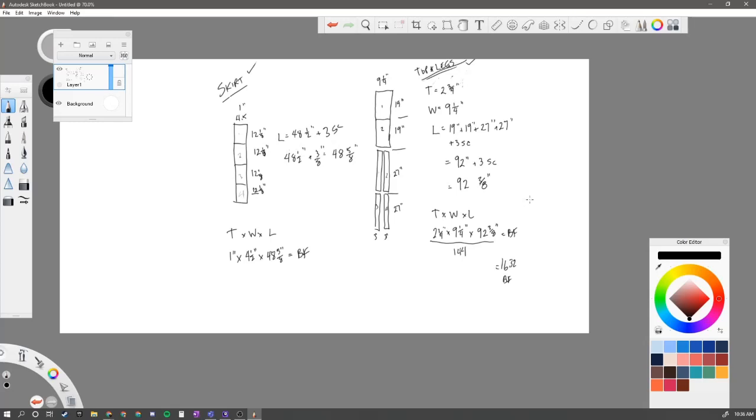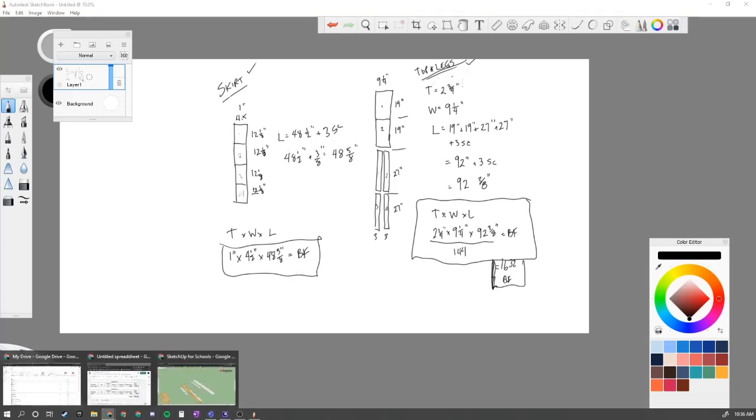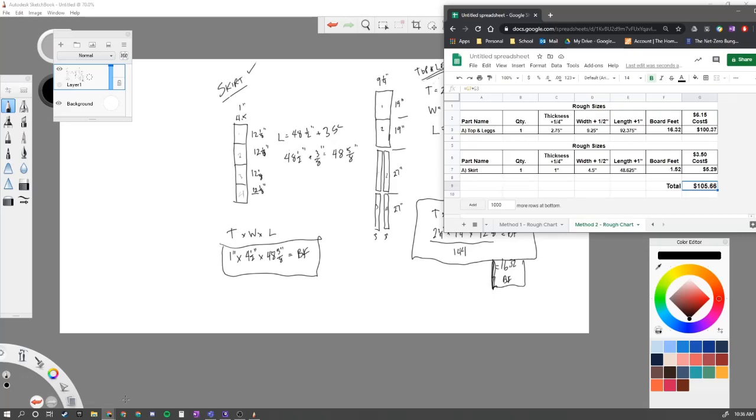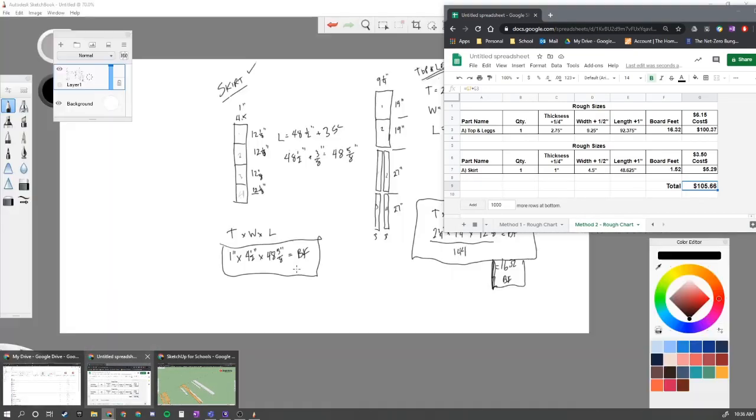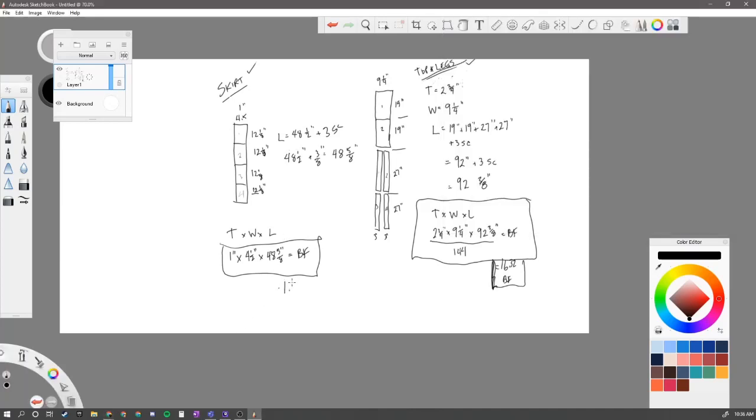What we want in the end is this, so we can calculate. What was the number? 1.52. 1.52 board feet.